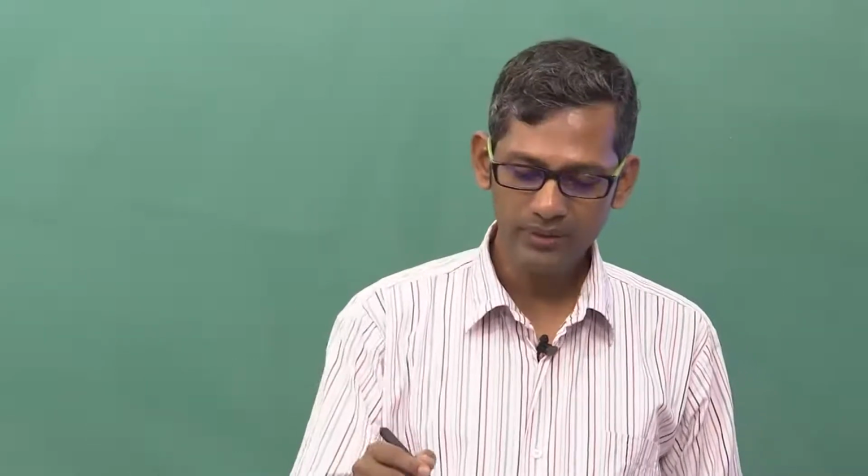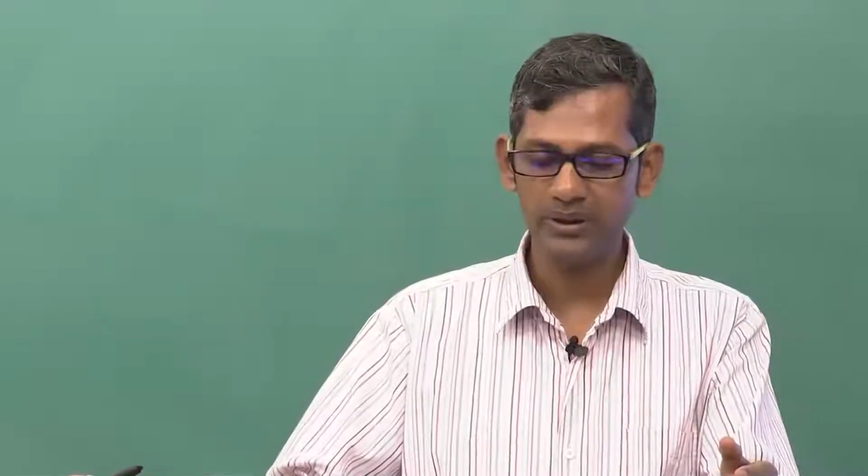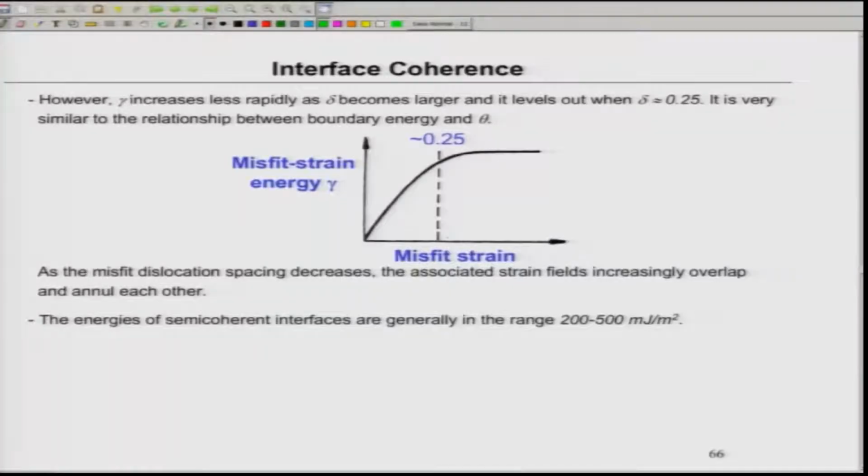So, that is why the misfit strain is about 2.5%, sorry, not 25, 2.5% of misfit strain, up to which the interface misfit strain energy increases, after which it becomes constant. The energy of a semi-coherent interface is normally 200 to 500 millijoule per meter square.